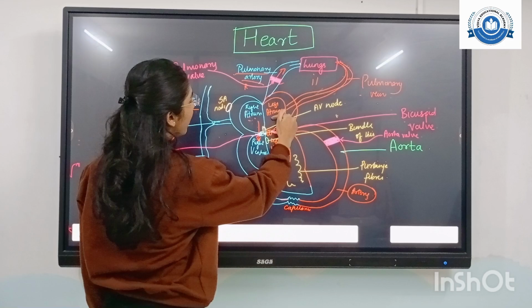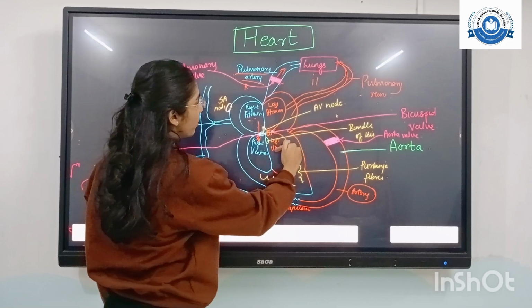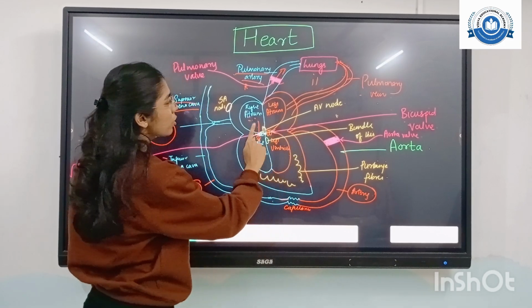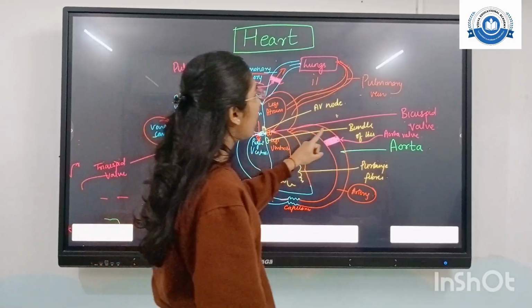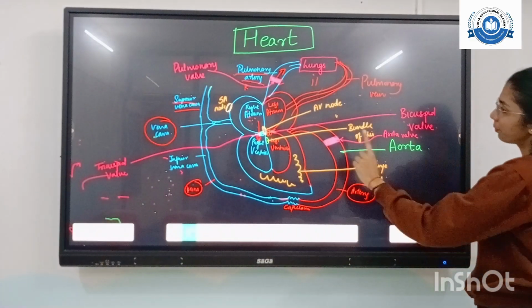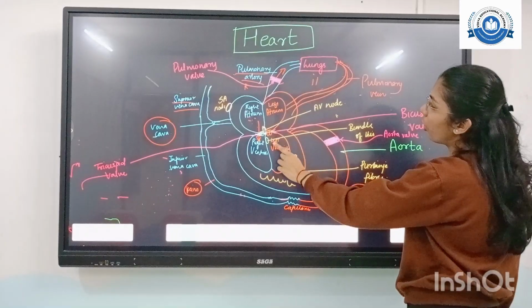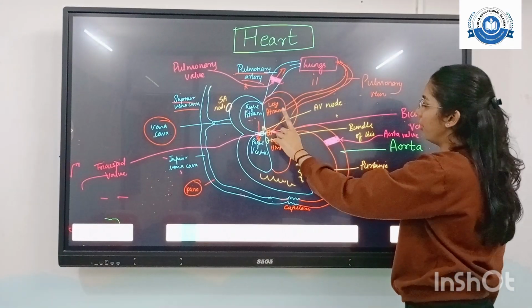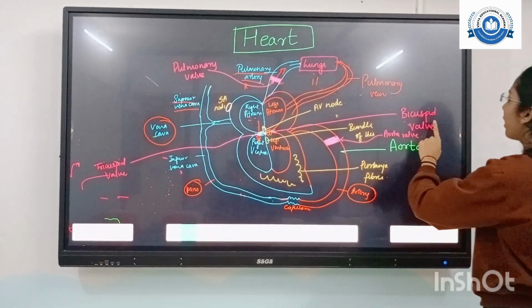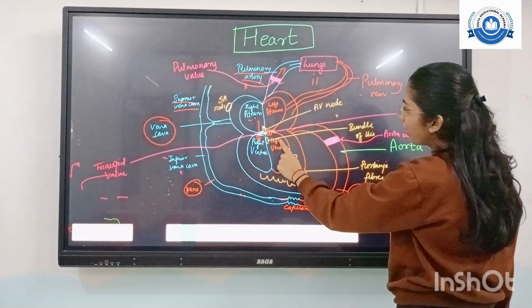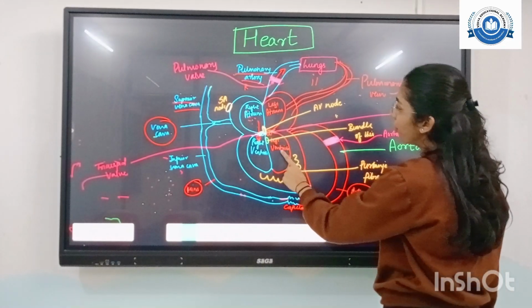Now from the left atrium, the blood enters into the left ventricle. Here also we have two valves which are called the bicuspid valve. These valves help the blood to not go backward to the left atrium. For that purpose we have the bicuspid valve. So from here it enters into the left ventricle.